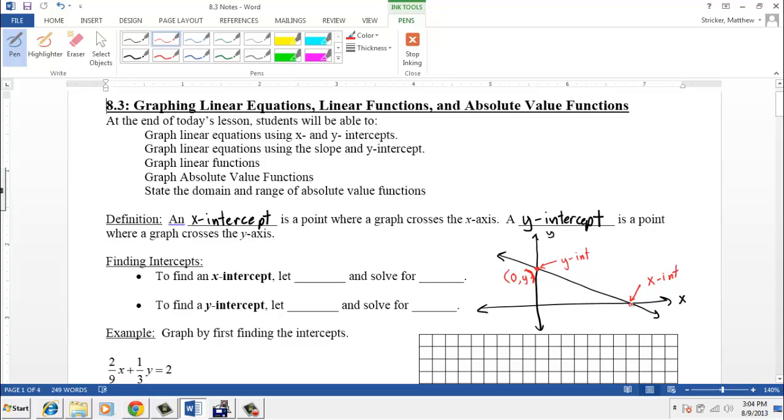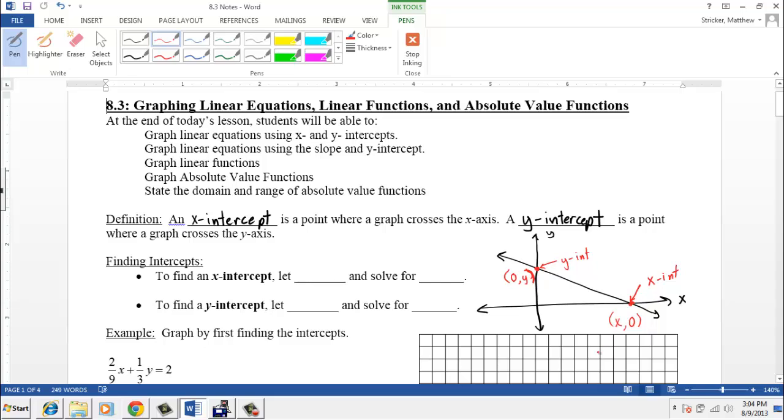And then since the x-intercept is always on the x-axis, this is going to look like a point where the corresponding y value is always 0 because it's on the x-axis. It's not going to be above, so it's not going to have a positive y value. It's not going to be below the x-axis, so it's not going to have a negative y value. The y value is 0, and then the x coordinate can be anything.